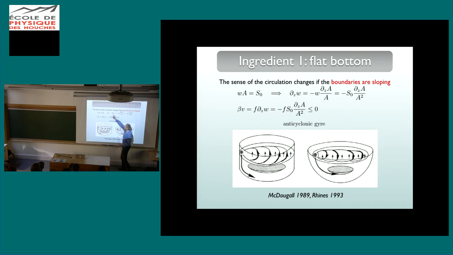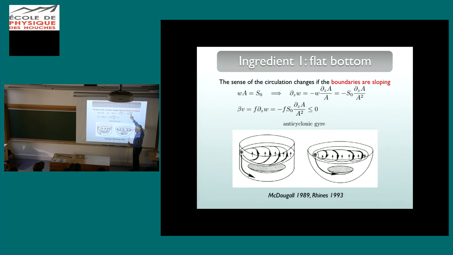So that tells me, if you remember, beta V, the stretching, the poleward motion as estimated from the vorticity equation, is proportional to f dW/dz. And Stommel insisted that was a positive term. That's why he got the cyclonic circulation. But now, in this particular system, you see dW/dz is equal to minus S naught, a positive term, is the source.